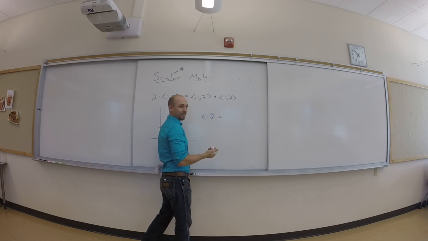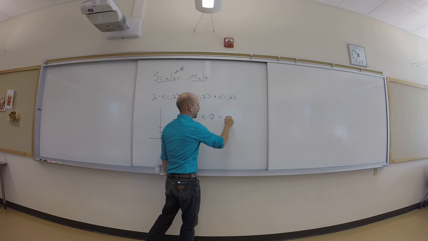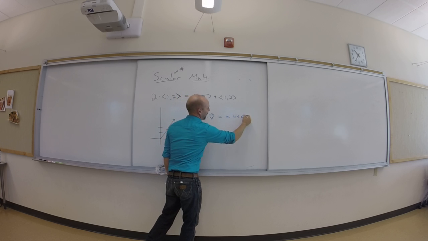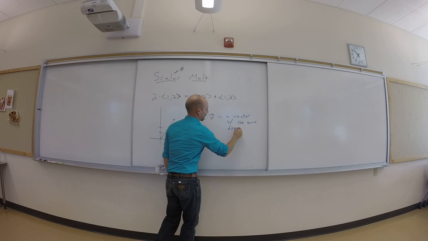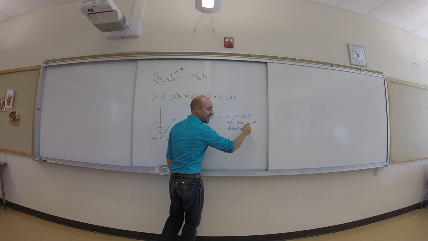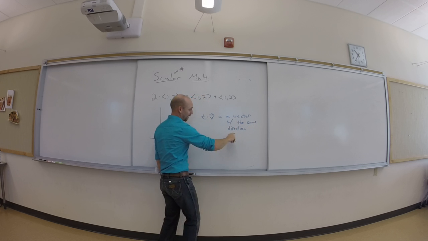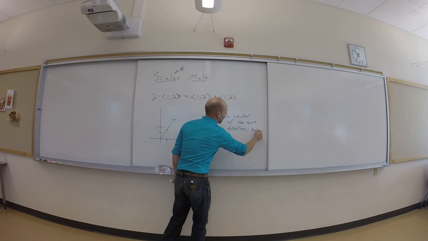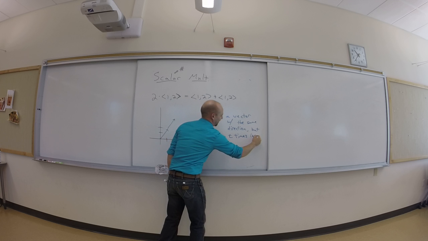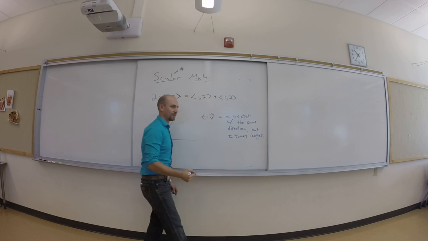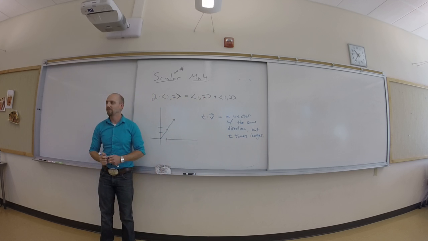Yeah, this is a vector with the same direction, and I'm writing same here, but that is a little caveat on that. Same direction, but t times longer. You guys with me on that? I just adjust the magnitude by a factor of t.